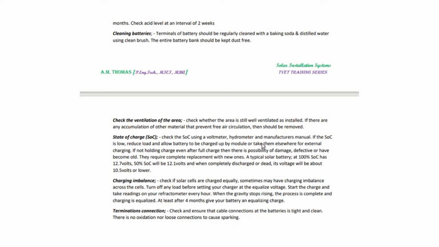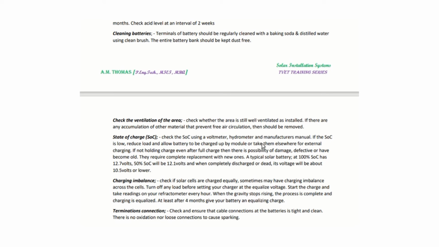You also need to check the ventilation. Whenever you are doing the installation, you normally ensure that the ventilation is in good order. So whenever you come to do maintenance, you must ensure that the ventilation that was set before is still maintained. If the client has put some luggage in the room where you installed the batteries, it is your advice that the client should remove it, so that we have good ventilation.